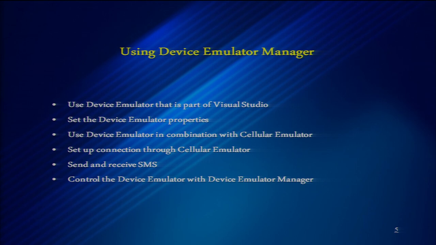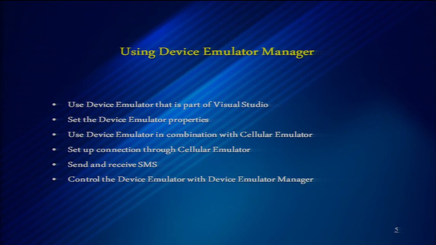Use the device emulator that is part of Visual Studio. Set the device emulator properties. Use the device emulator in combination with the cellular emulator. When I am using the word cellular emulator, I mean it is your mobile simulator. Set up connection through the cellular emulator, and then you can start sending and receiving SMS messages.